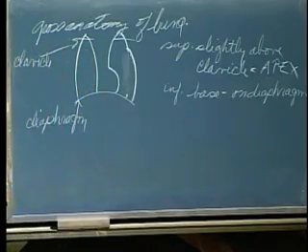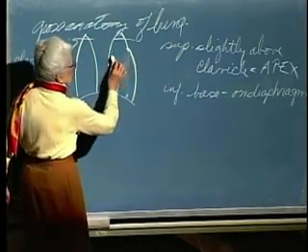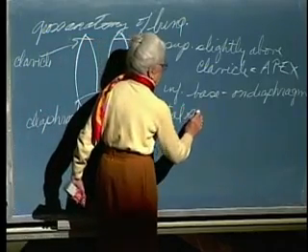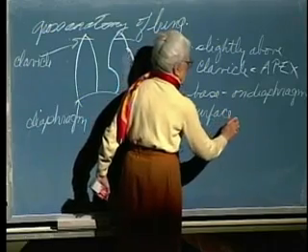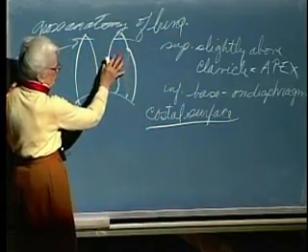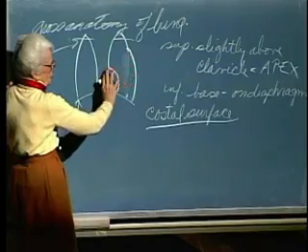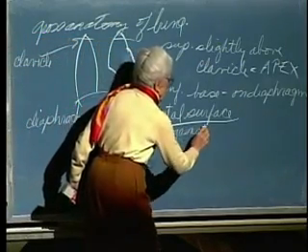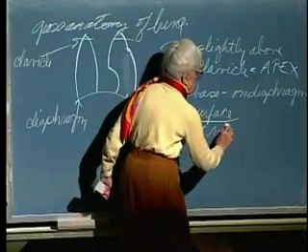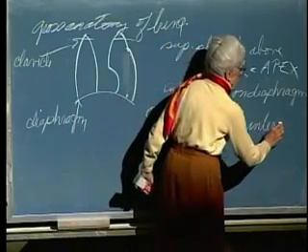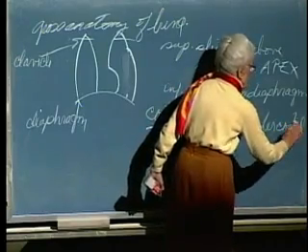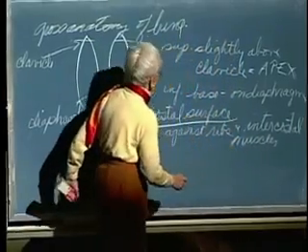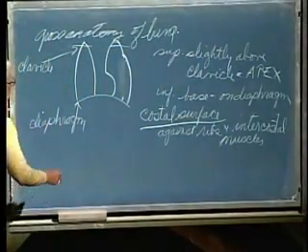We have two surfaces. We have the costal surface, and the costal surface then will be against the ribs and the intercostal muscles. And we have the mediastinal surface.